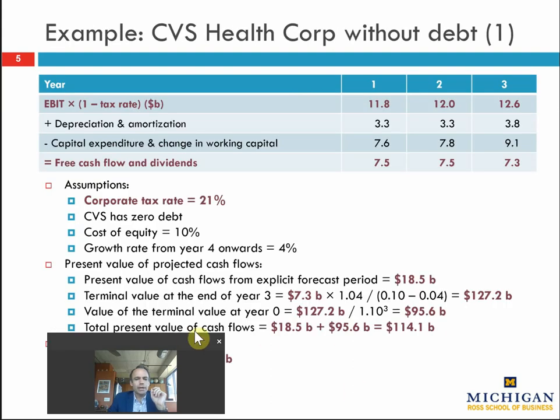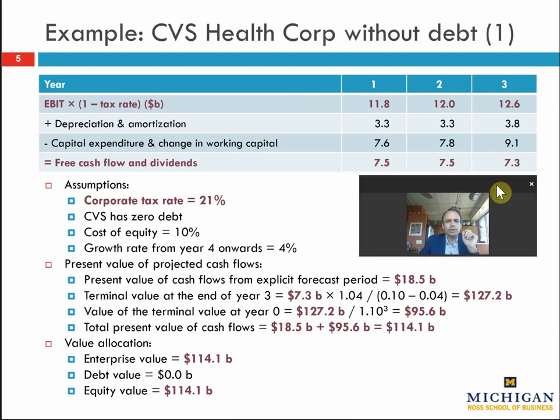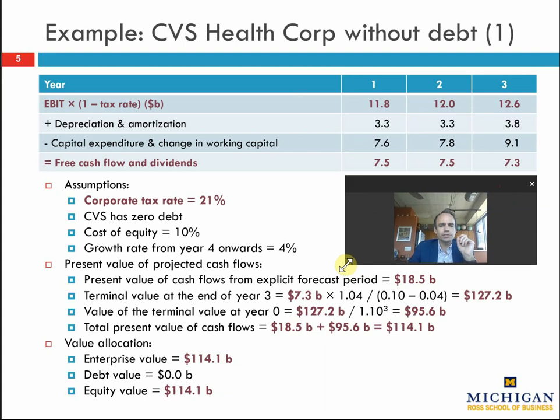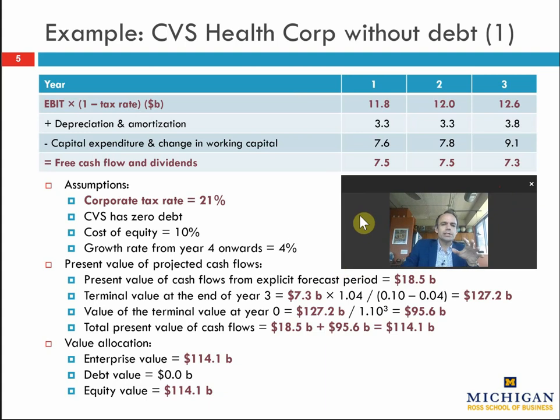And now again, to make our conclusions concrete, we're going to return to our example of CVS. We considered CVS in our last presentation with no taxes. Well, the only change I'm making in this presentation is that I've introduced corporate tax. Now remember, when we define cash flows, we start with after-tax operational profit as our first step.